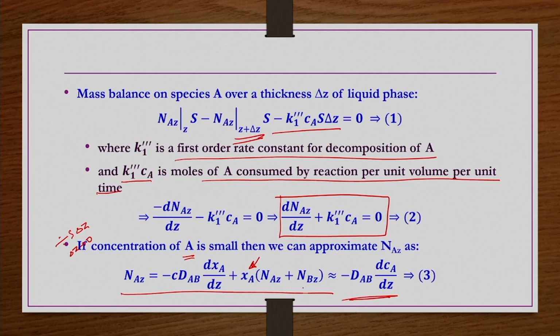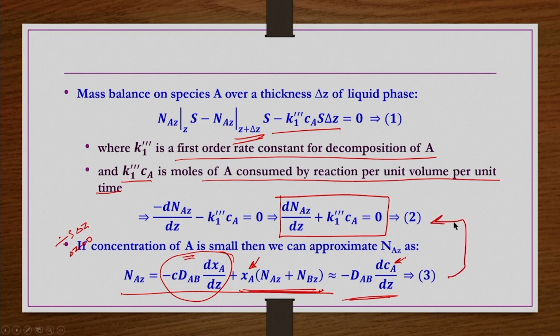So this contribution would be very small compared to the other contribution, and we are not considering the second part on the right hand side; we are taking only this part. So Cxa we can write as Ca, and minus DAB dCA by dZ is nothing but NaZ.